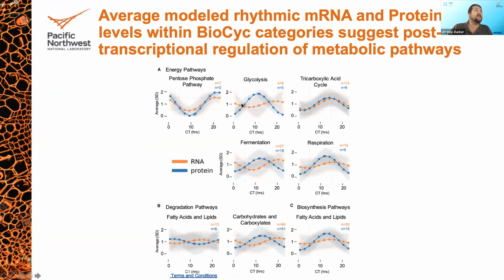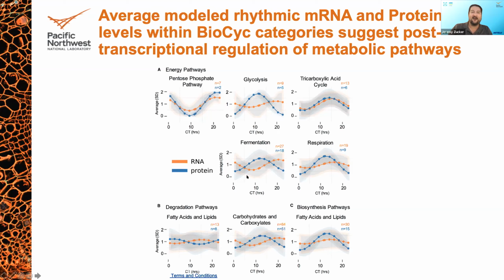And so we can see that not only is glycolysis out of phase with pentose phosphate, but also the mRNA expression is out of phase with the protein expression, but not in every case. In some cases, they're out of phase, and in some cases, they're in phase.